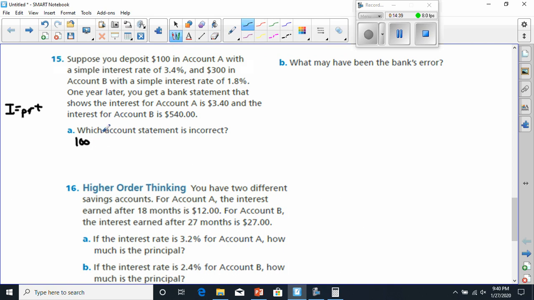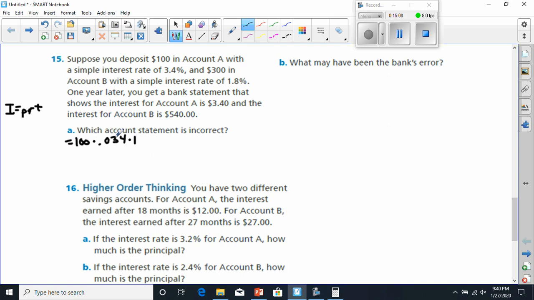Now let's move on. Which account statement is correct? Suppose you deposit 100, remember, the principal was 100. Account A with a simple interest rate of, well, we're going to move that decimal over twice, so 0.034. And since it was just 1 year later, we're multiplying it by 1. Well, if we do this, remember, all that's going to equal what the interest was.